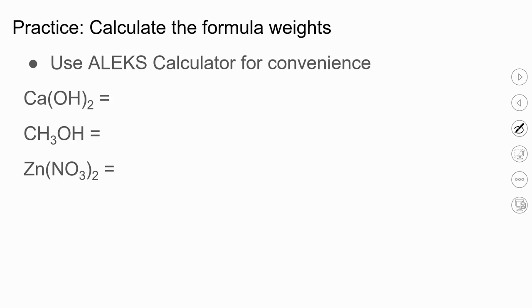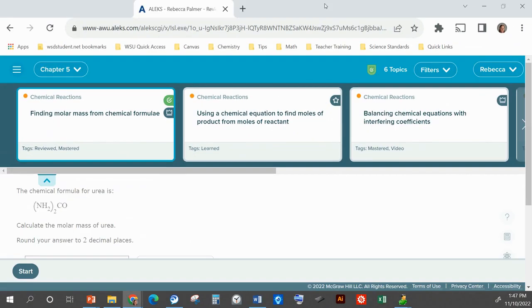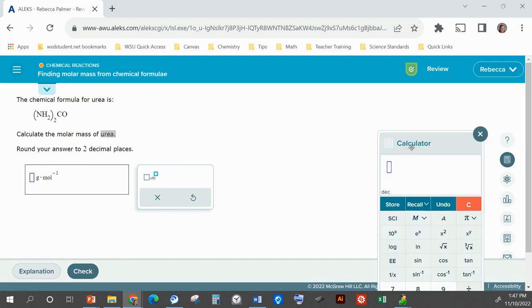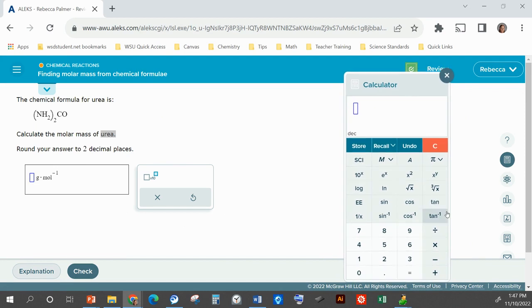All right, I want to show you this cool tool in the Alex program. Let's find this question in Chapter 5. This is called finding the molar mass from chemical formula. It says to calculate the molar mass of urea. So we go over to our calculator in Alex. This is pretty handy.